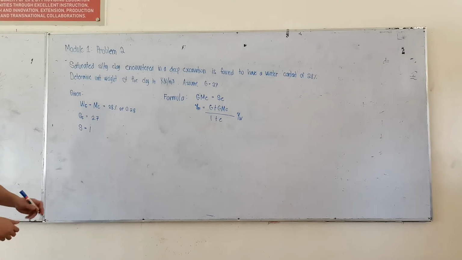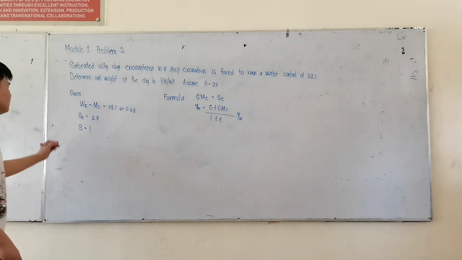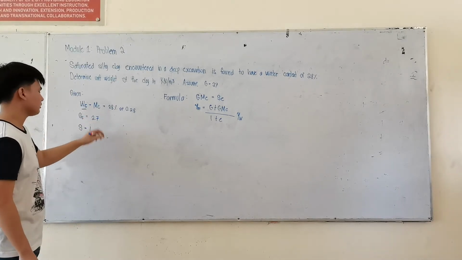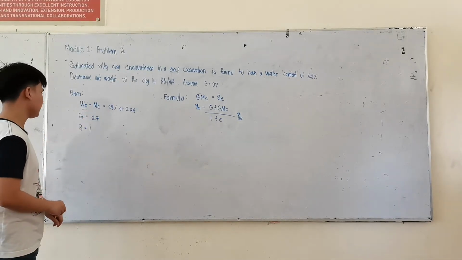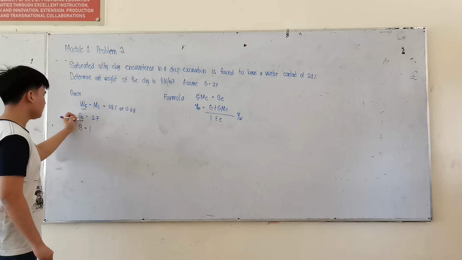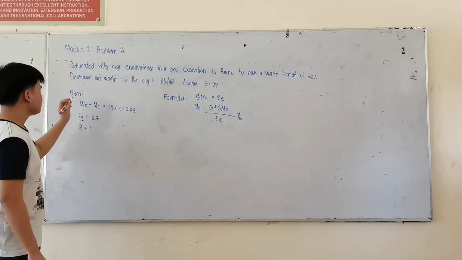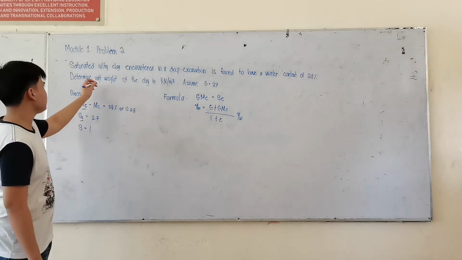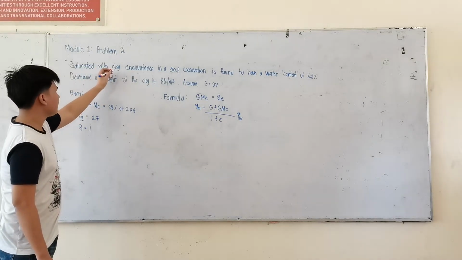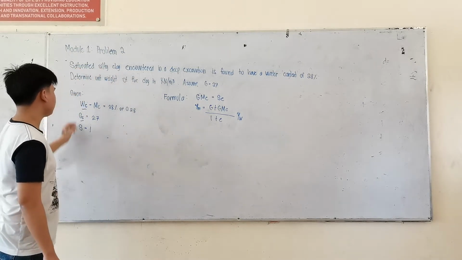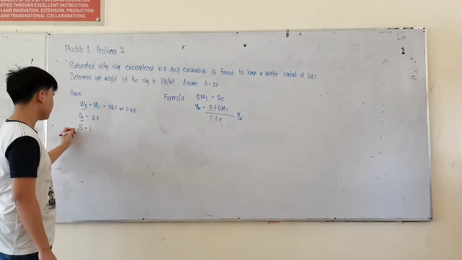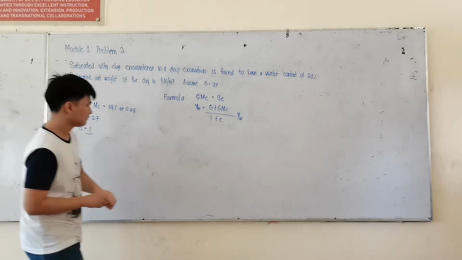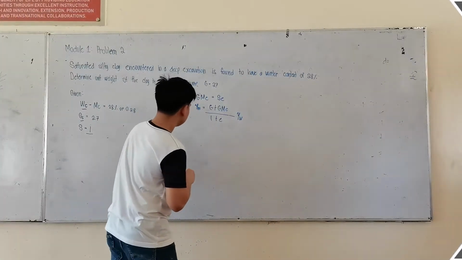We have listed the given, which is the water content or the moisture content, which is 28% or 0.28, specific gravity of 2.7, and because sinabi dito na yung clay na encounter is saturated, pwede natin i-assume na yung saturation natin ay 1.